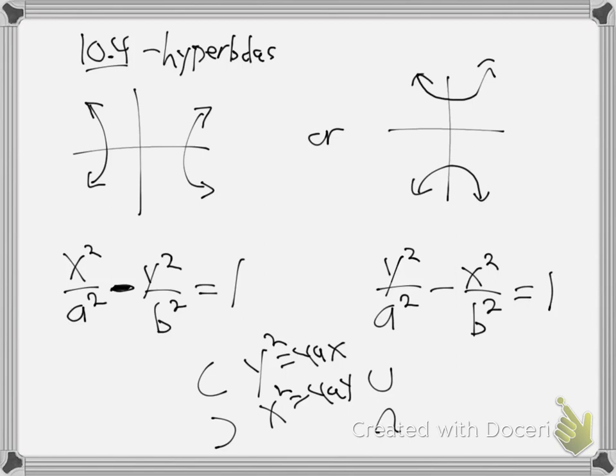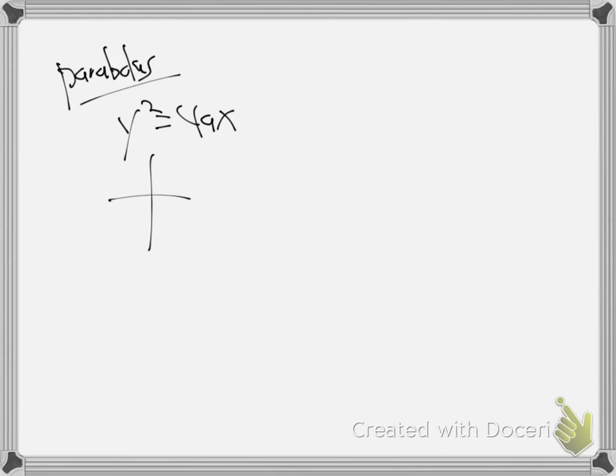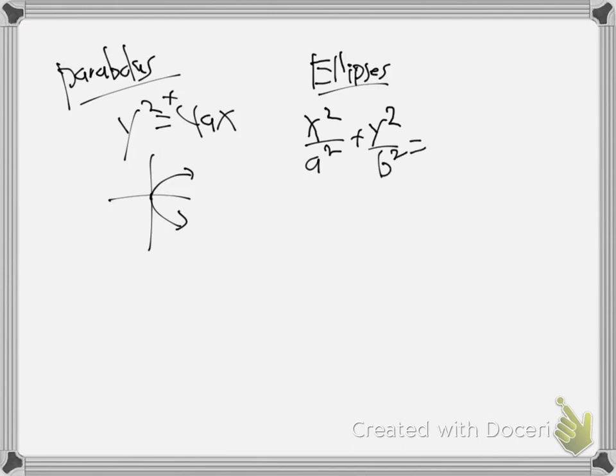So here's the way I remember the big picture. So, parabolas. Let me just write it out for you. Parabolas only have one letter squared, like y squared is 4ax. That would go to the right. Remember, positive x? Ellipses have both letters squared, so they have both branches, and they have a positive relationship.